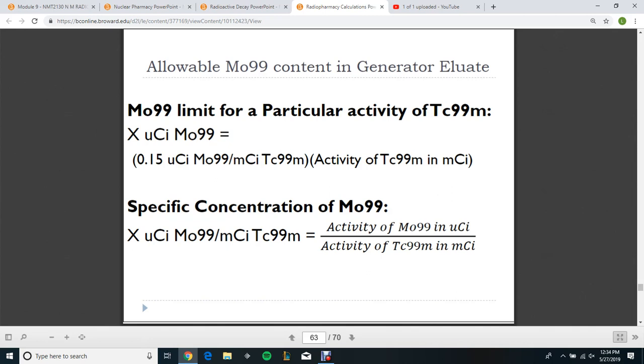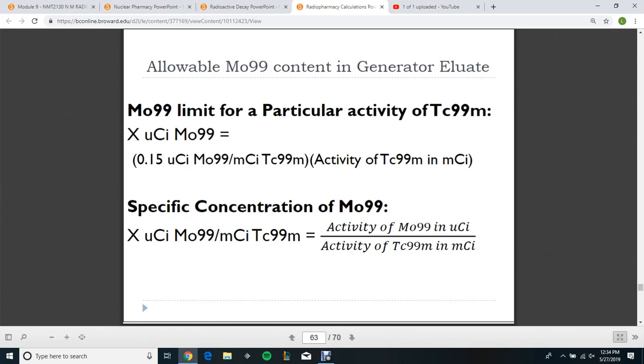Allowable Moly content in the generator eluate. The Moly limit for a particular activity of technetium-99m: x microcurie of Moly-99 is equal to 0.15 microcurie Moly per millicurie technetium-99m, multiplied by the activity of technetium-99m in millicuries.